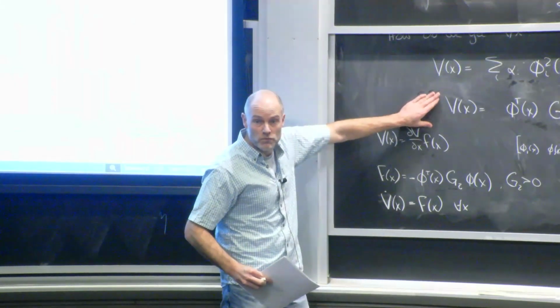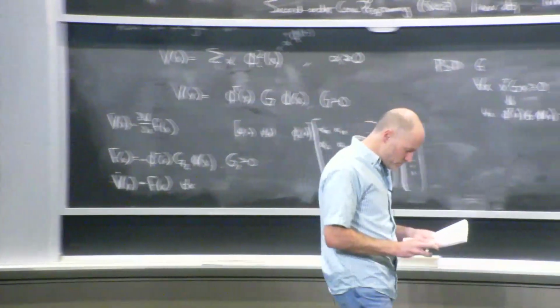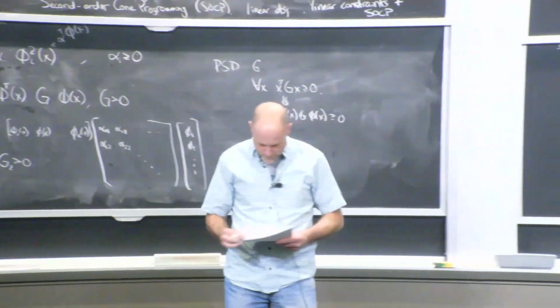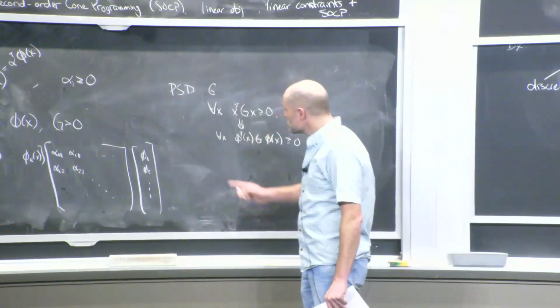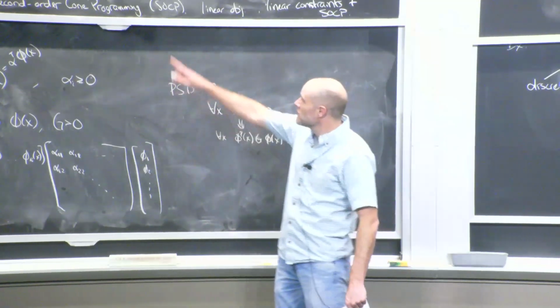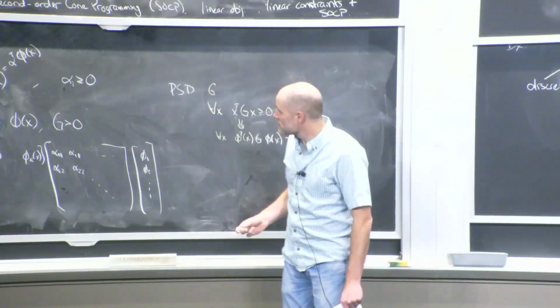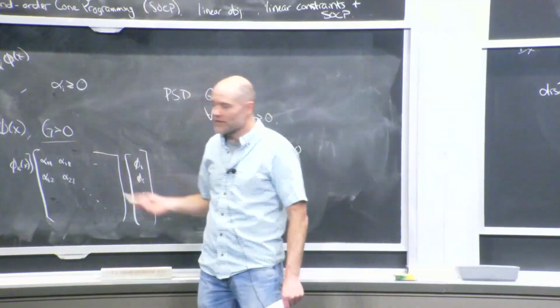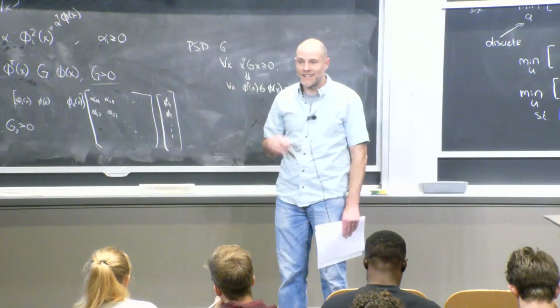We're going to write functions that are positive by construction. The super cool thing, and the reason it fits into the convex optimization hierarchy, is that this constraint of having a matrix be positive definite, positive semi-definite, is a convex constraint.